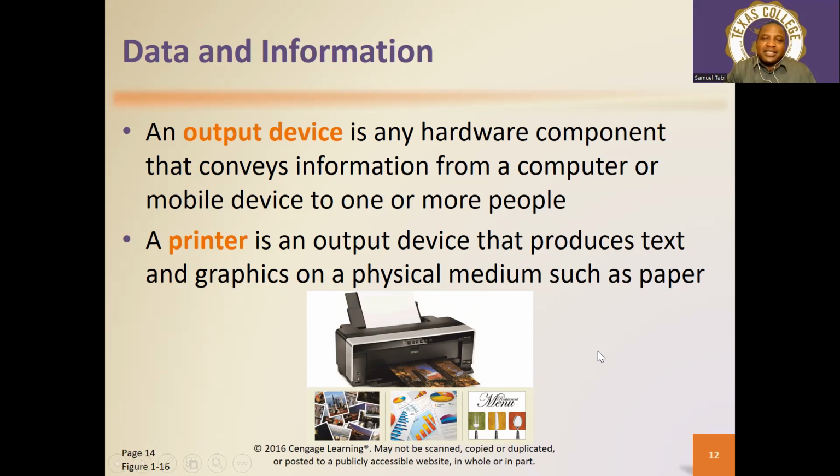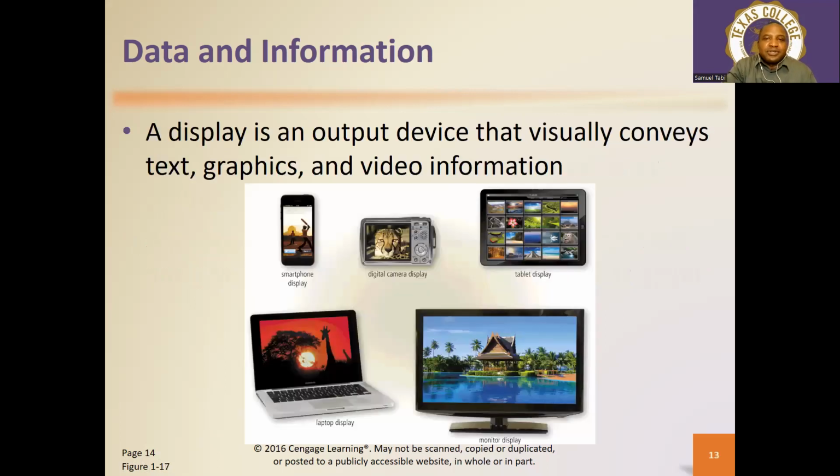If I had to get sound from within a computer, what would I use? A speaker. Loudspeaker, yes, that's another example of an output device, okay? So these are different examples. And now of course, your screen, LCD screen, like the screen on your smartphone, the screen on a camera, the screen on a tablet, and the screen on a laptop. These are all display devices. These are different examples of output devices.